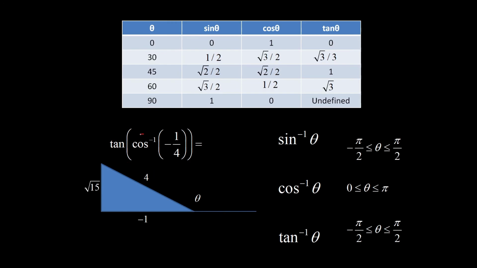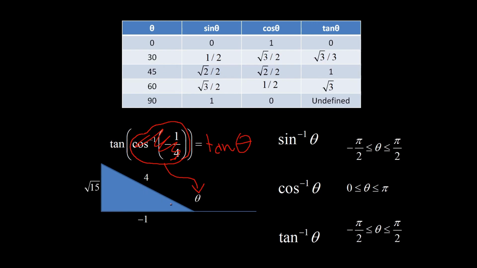So remember what the inverse gives us. The inverse gives us the angle. So this is like saying, what is tangent theta? This expression here is just a complicated way of expressing theta.